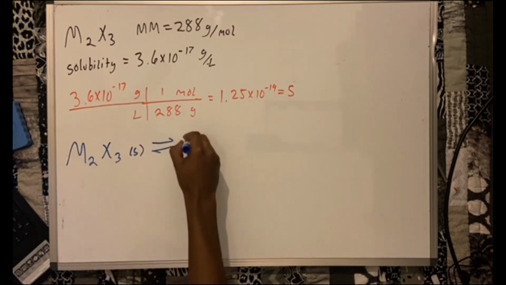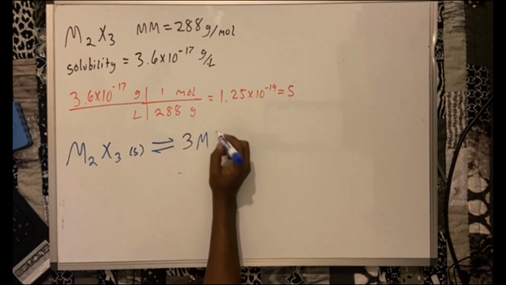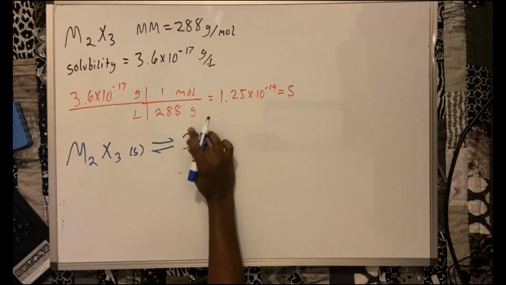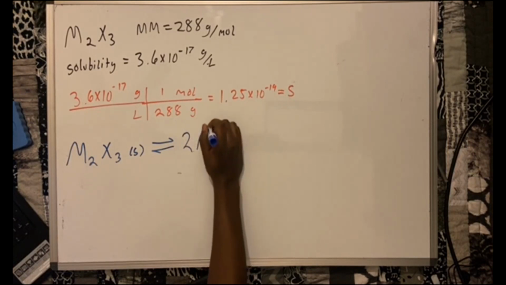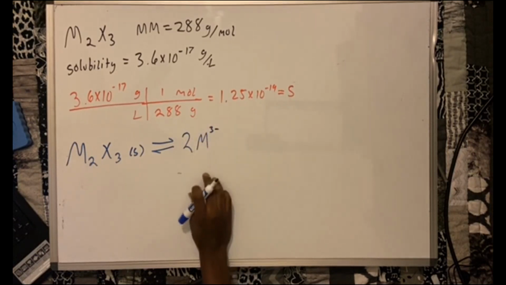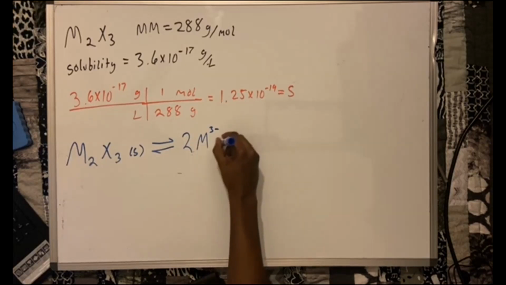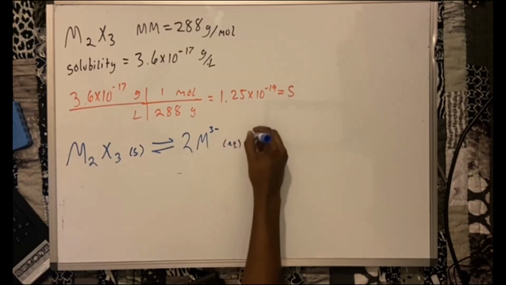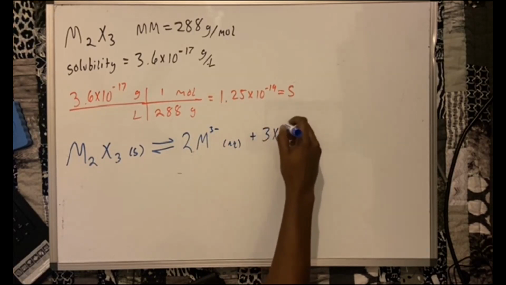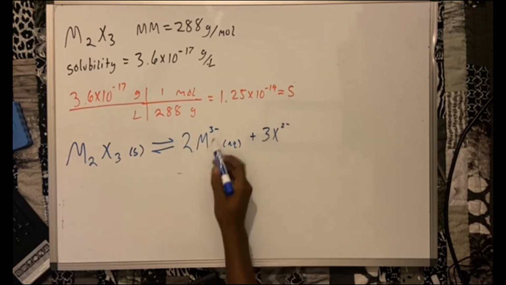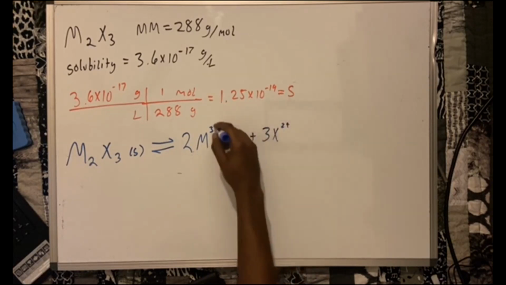So I have 3M, I'm just going to assume, or 2, 3, no, 2. Yep, almost messed up. That's okay. 2M3 minus, that's aqueous, plus 3X2 minus.